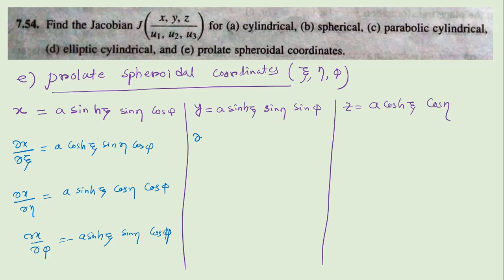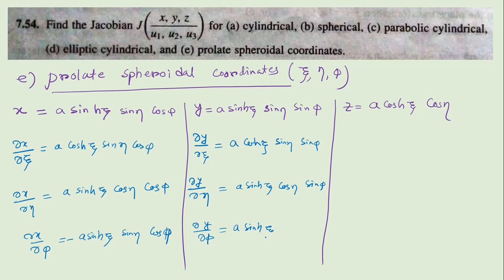And in case of y, del y del xi will be a cosh xi sin eta sin phi, del y del eta is equal to a sinh xi cos eta sin phi, and del y del phi will be a sinh xi sin eta cos phi.